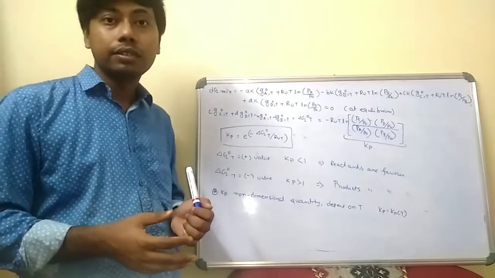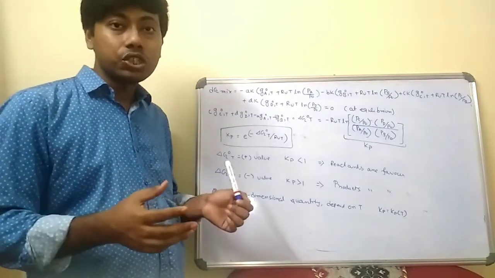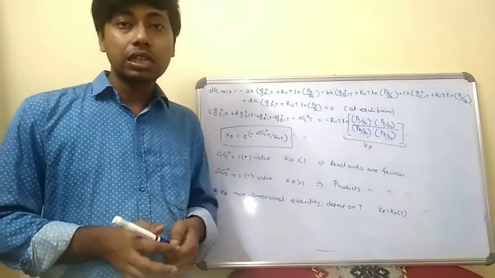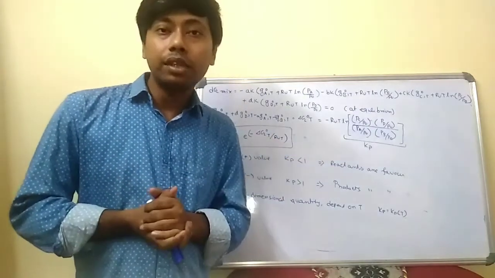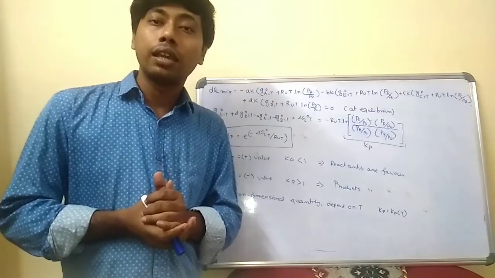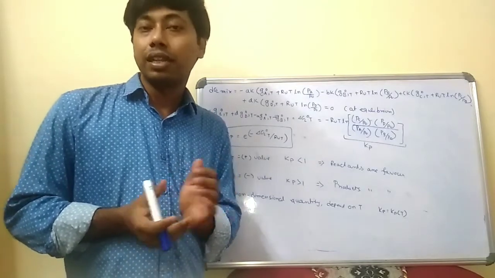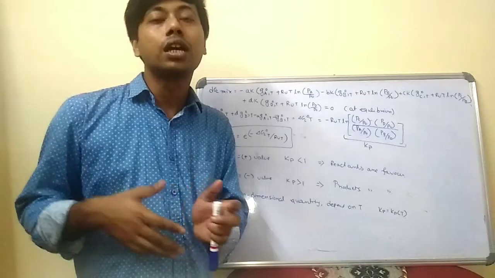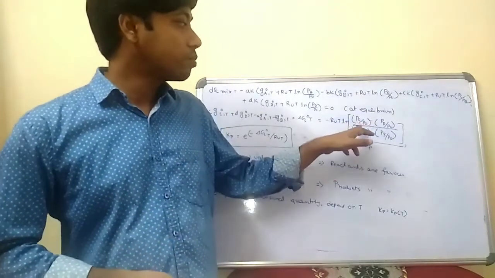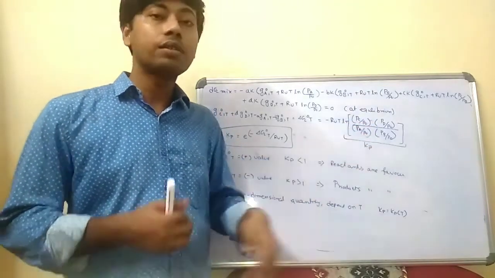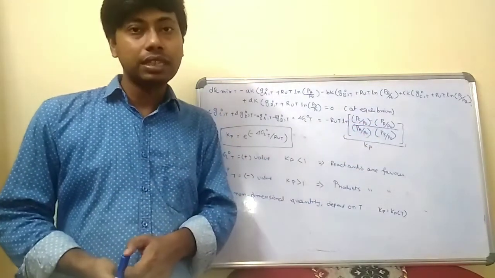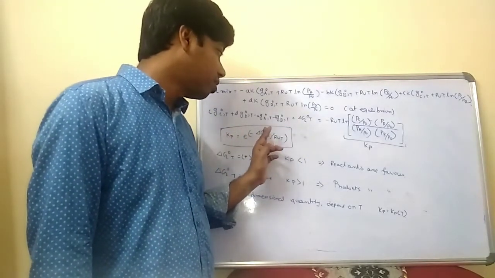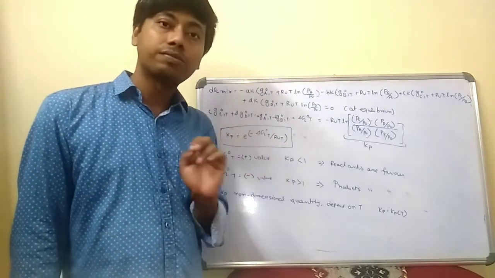Then we can get the dG mixture, the change of entropy and change of Gibbs free energy during mixing. Then for a general equation like aA plus bB gives cC plus dD, like methane reacting with oxygen to form carbon dioxide and water, in terms of PC, PD, PA and PB, if you put all these things, you can get the value of Kp or delta G T naught, which is basically your Gibbs free energy.